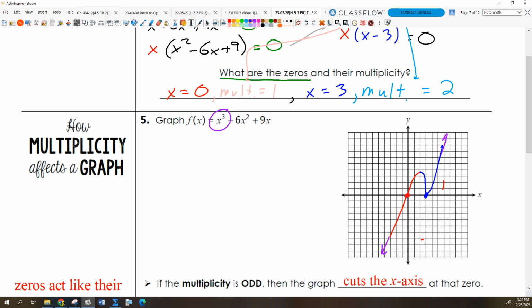Yes, sir. How close is that to the actual one? Well, I didn't graph it very well, but it's going to be pretty close. Okay, let's graph it and see.